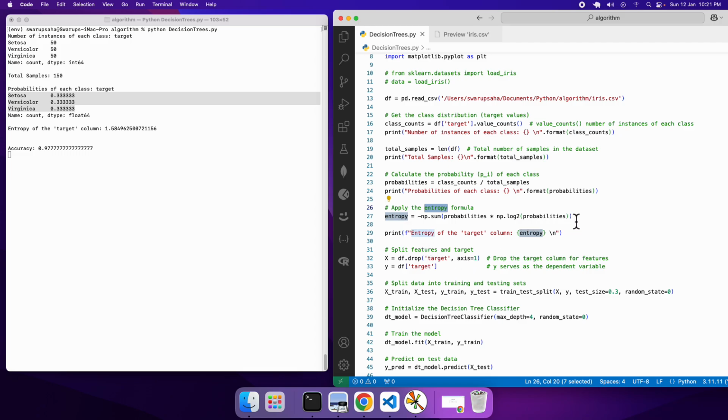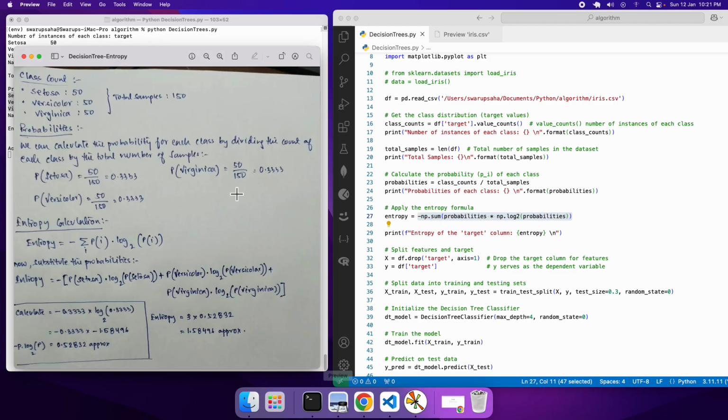Here I have implemented the formula of entropy. Let me show you what I did in the numerical. This is the formula you will see in any book or manual: minus summation, where i represents the number of classes in the data set. Here we have three classes: Setosa, Versicolor, and Virginica.